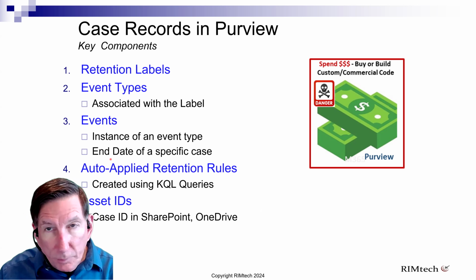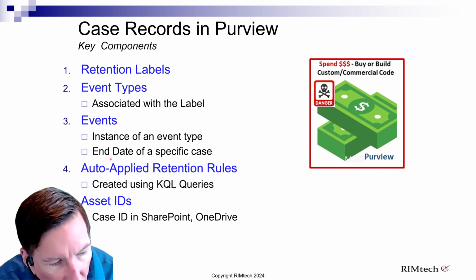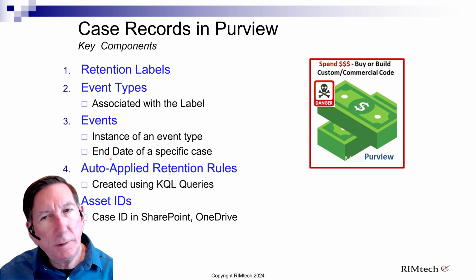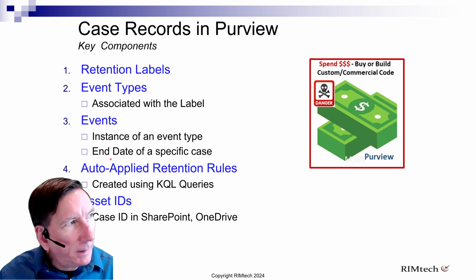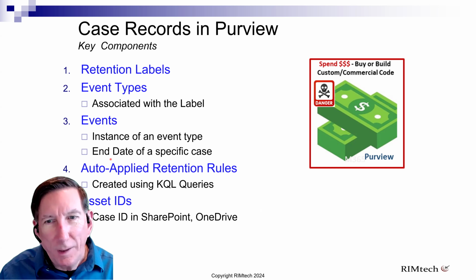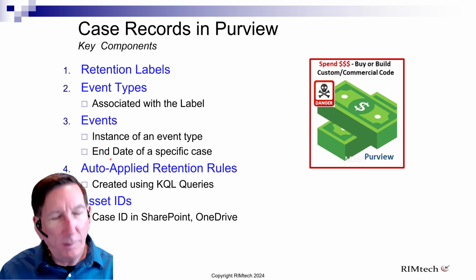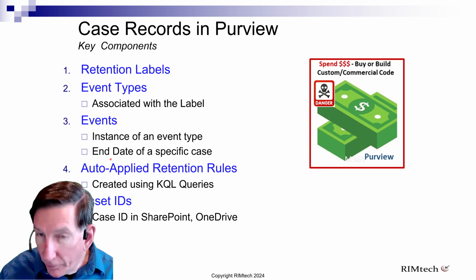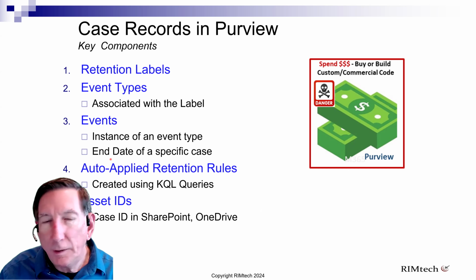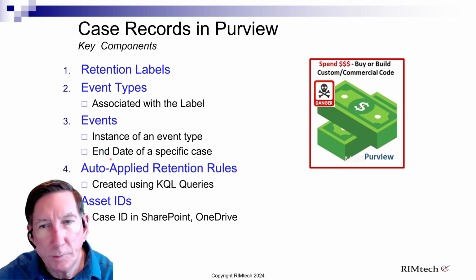So we're going to have to go through all of these things. But I want you not to worry if you don't understand it all. It's impossible, I'll say that right now. It is utterly impossible to understand event-driven record keeping in Purview in 1 hour. It's not going to happen. But I am going to cover it, and you'll at least get a good high-level picture of how it's supposed to work, okay?